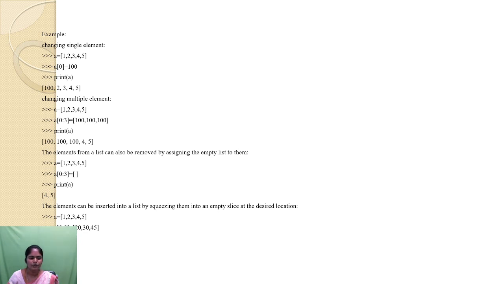Elements from the list can also be removed by assigning the empty list to them. One more example: a equal to 1, 2, 3, 4, 5.